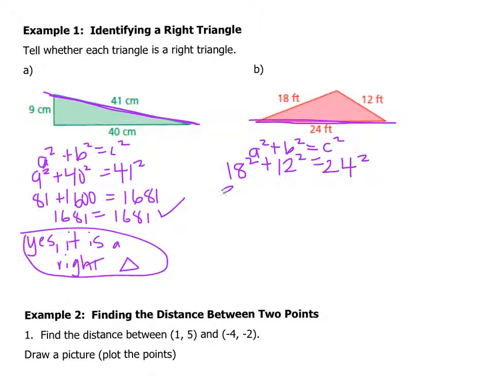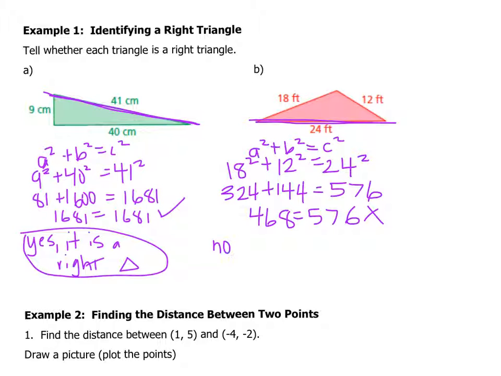So I get 324 plus 144 equals 576. Use your calculator to get these values. So obviously this isn't correct, because you get 468 equals 576. So then our answer is no, it is not a right triangle.